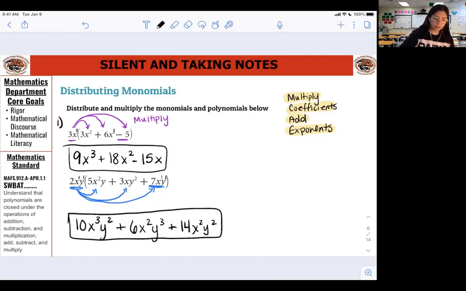They're all different because they have different exponents, right? Different exponents means that there's no like terms. How about in the second example? Are there any like terms? Everybody take a look. See if you agree or disagree.